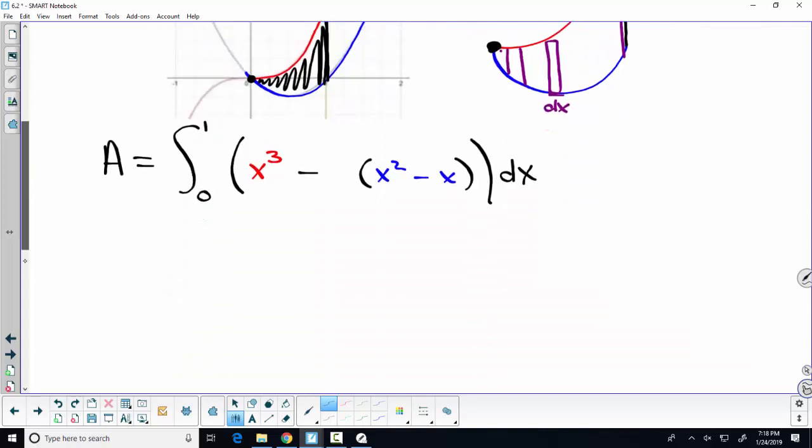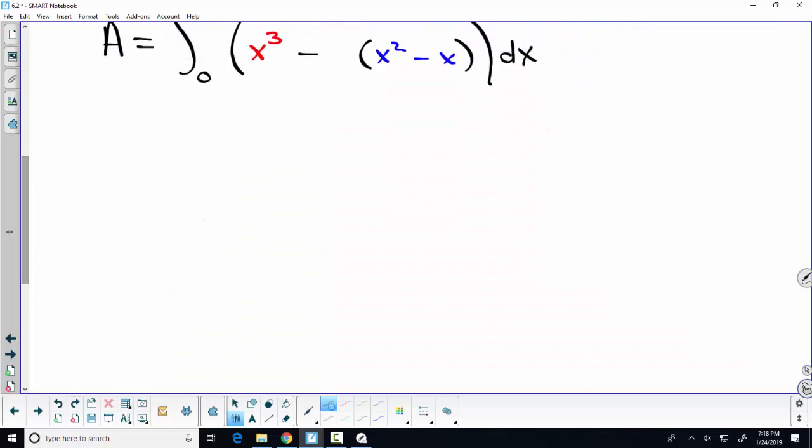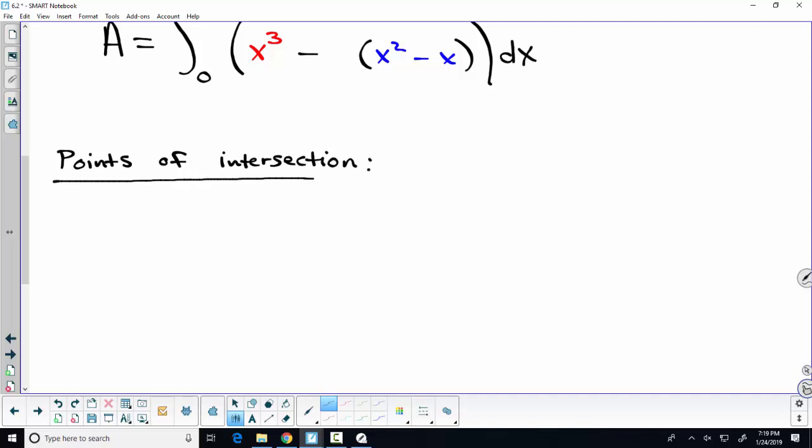But if we're finding the intersection points, which often we need to do, you have to equate these two.